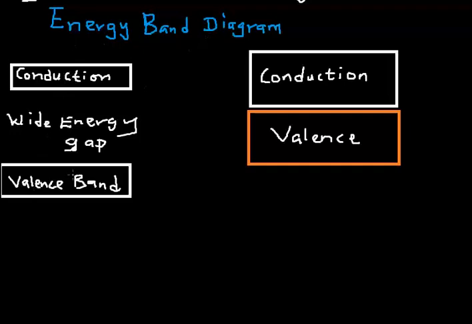This is a typical energy band diagram. The very first one, which you see here, is that of an insulator.